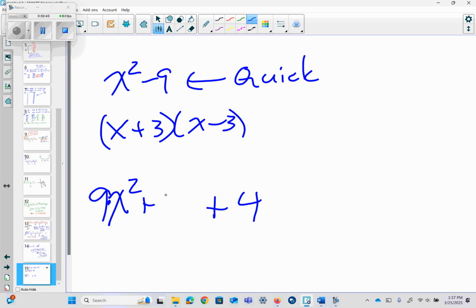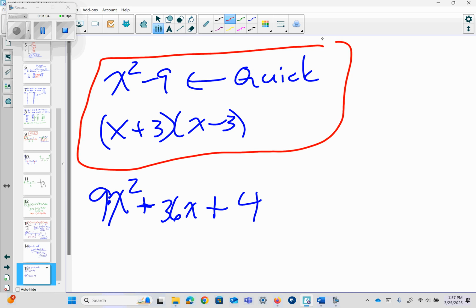Can I do this in my head, Jeffrey? Yes. I think that's right. 18. No. 18 plus 18 is 36. All right. So this was the quick way on this.